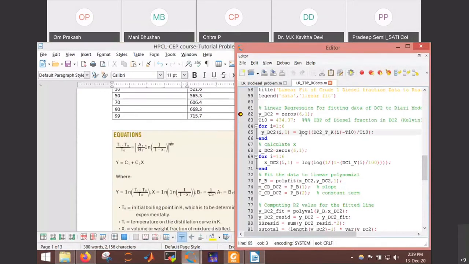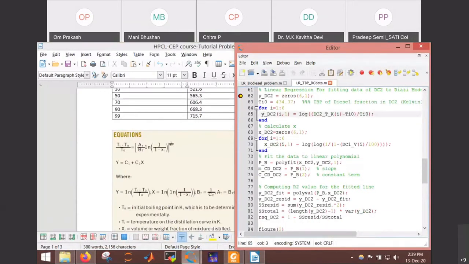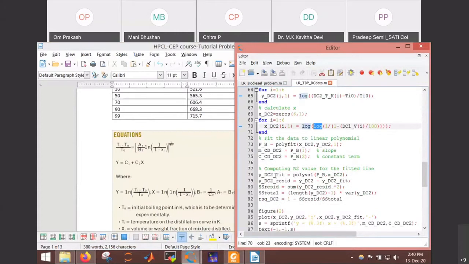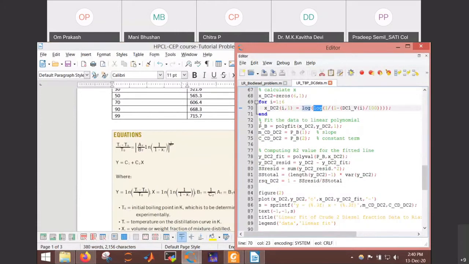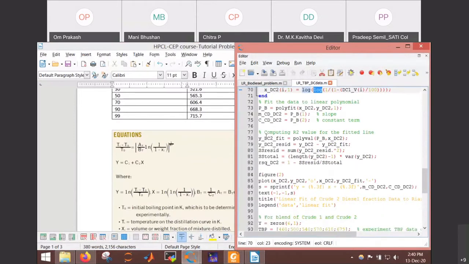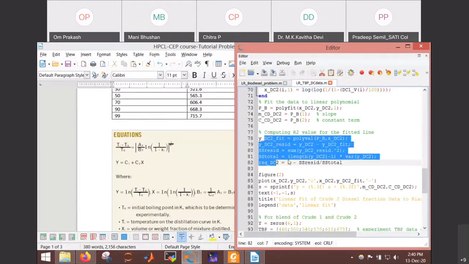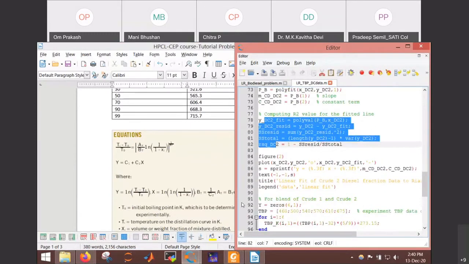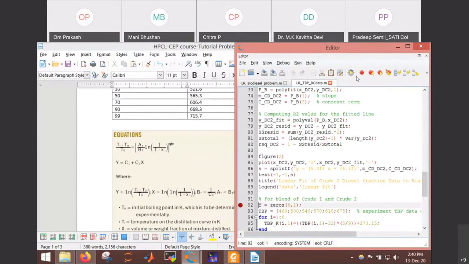Then I compute the capital X value, which is a function of my volume fraction xi, and then again use polyfit to compute my slope and my intercept. Again I have calculated the R2 value, and then I have done the plot. Let me run till here.